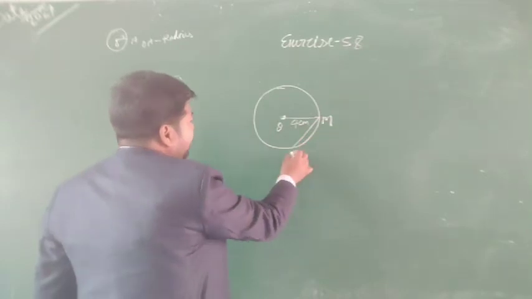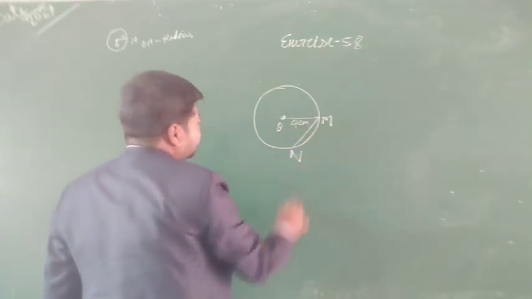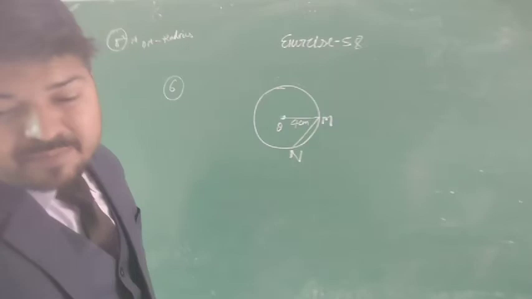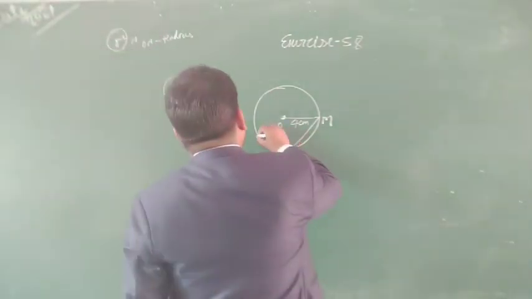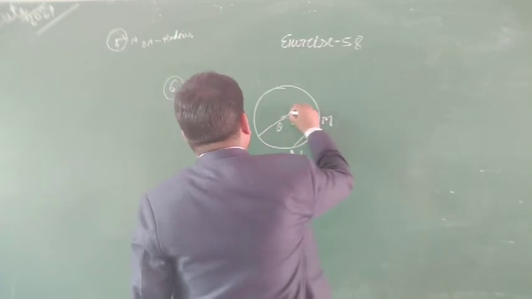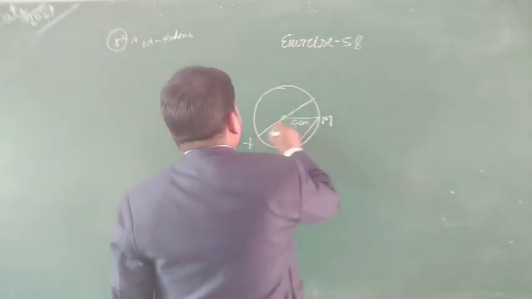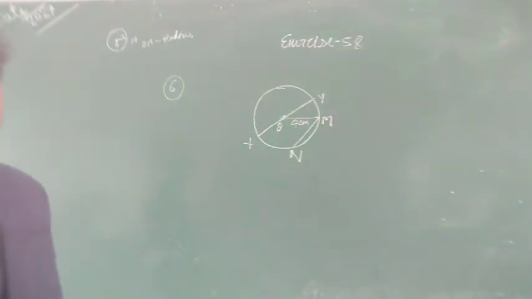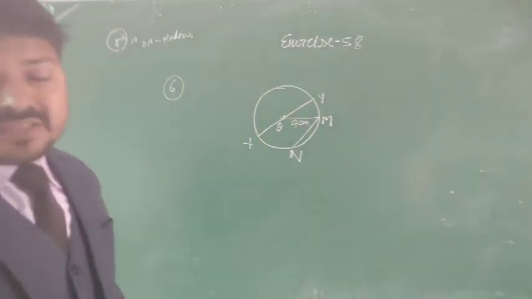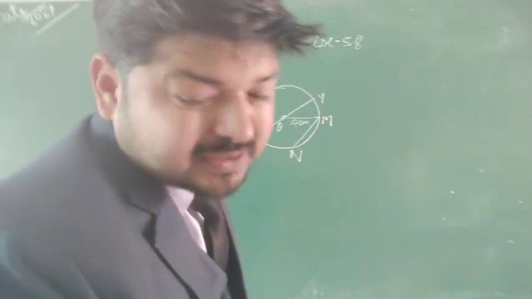So you have to make here a chord MM. And you have to make a diameter also, XY. So you have to draw a line like this. XY will be the diameter of the circle. Okay. So like this you can do question number 6.